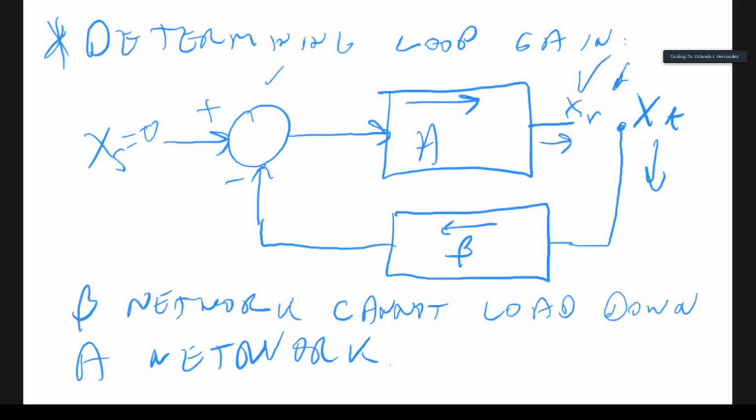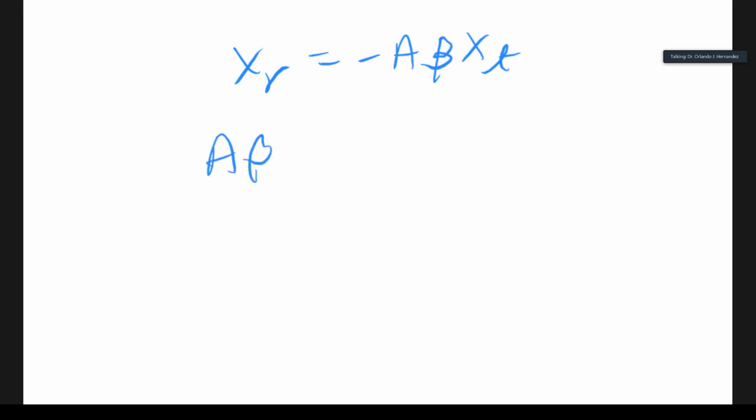And then what we're going to do is apply x of t as an input and determine what x of r is, and take the ratio. Okay. So if you look at this picture, what you can write is that x of r is equal to minus A beta x of t, and therefore A beta, which is the loop gain, is minus x of r divided by x of t.